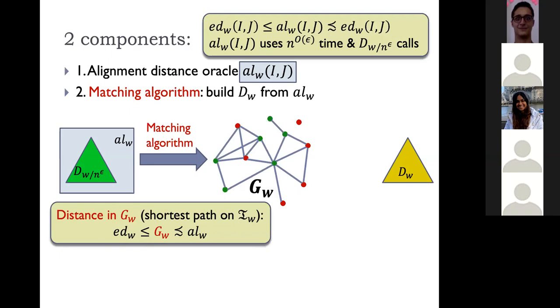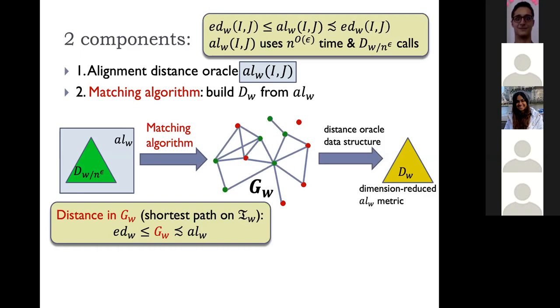And the second part is just more classic things that many of you have seen before and proved results on. Namely, it's a distance Oracle data structure. So given a graph, we just build a standard data structure, a distance Oracle, which outputs a constant factor approximation to the distances in the graph GW.